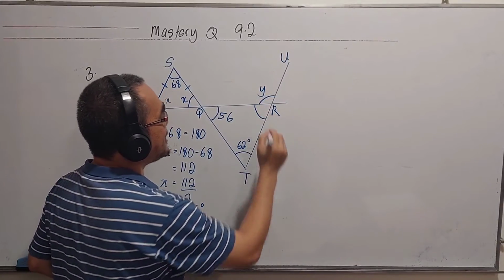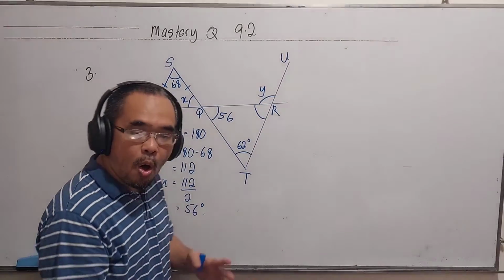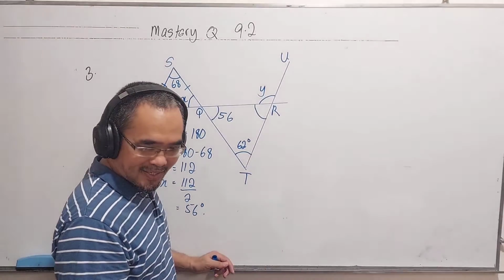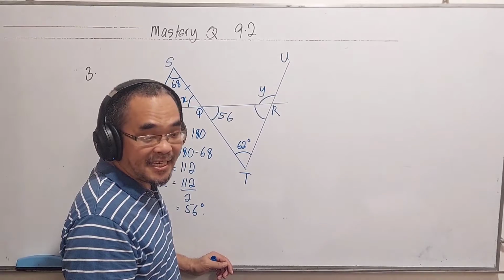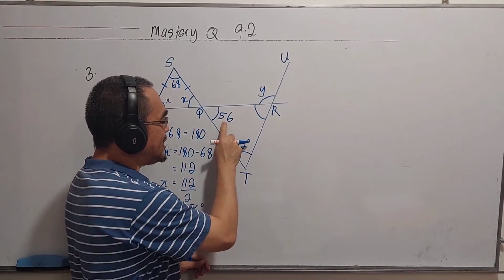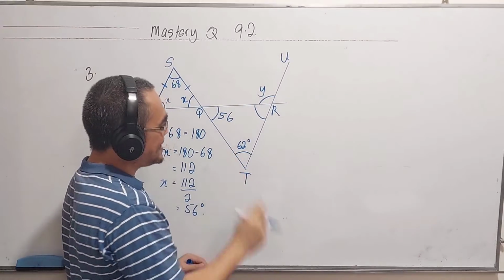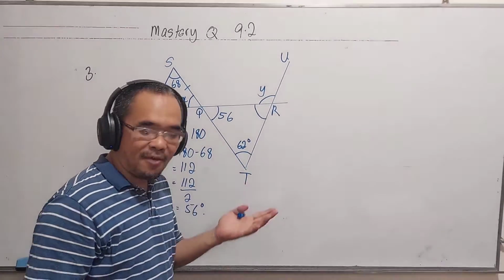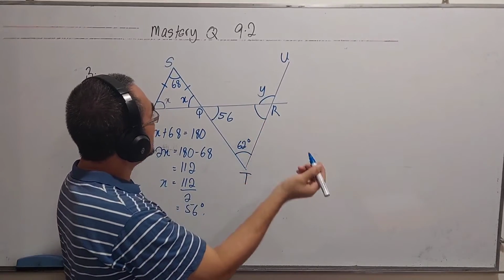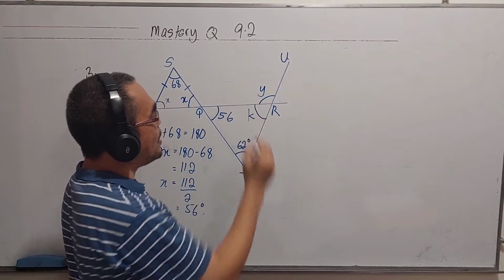So we can find the angle here first. Or, if you still remember, which I didn't when I was a student, Y is equal to this plus this. But to be safe, I will find the angle here, which I label as K.